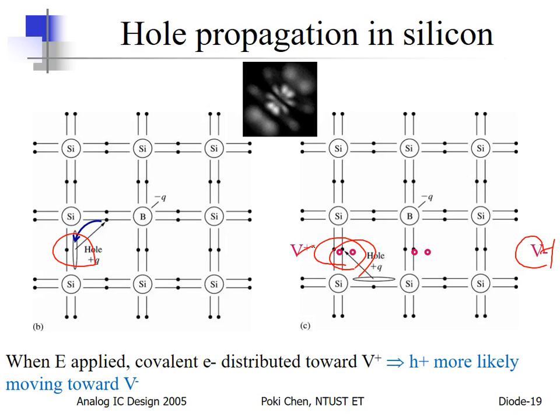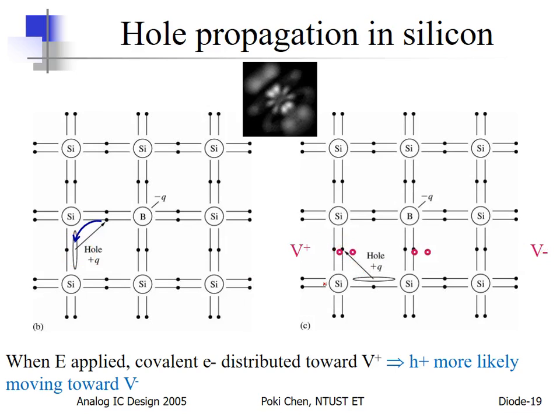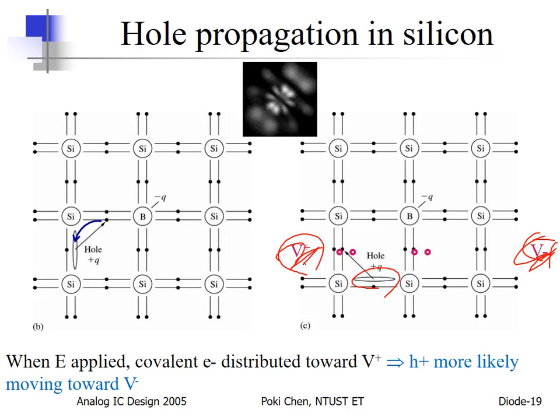So what does it mean? Under such a situation, you will guess more likely, right? If the hole is here, according to the distribution, sorry, it's incorrect, okay? The valence electrons are pushed a little bit to the right.